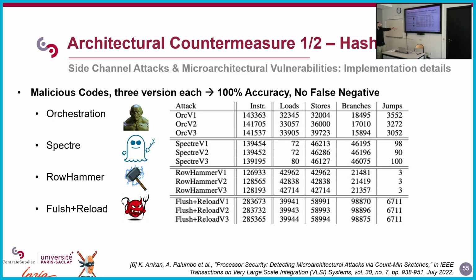In this work, we focused on a bunch of attacks: 3 versions of read after write, the orchestration, 3 versions of Spectre, 3 versions of Rowhammer, and 3 versions of flush and reload. And those were the number of instructions executed.